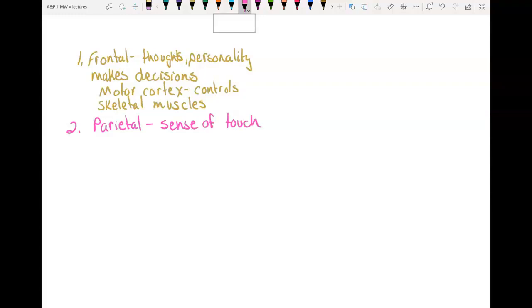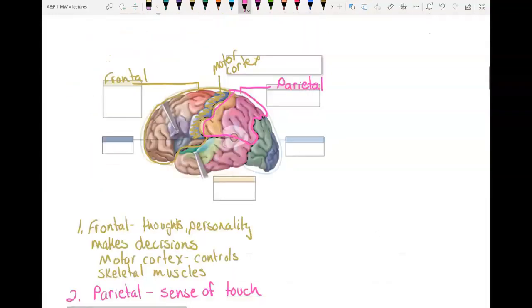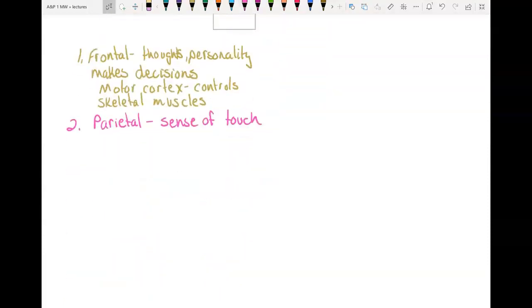So all of the somatic senses are going to be coming here to the cerebrum. And you have a couple of special areas. You have the somatosensory cortex. So that is right here. It lies right behind the motor cortex. This is where all those signals from your skin initially go to. So it receives the signals from your skin.